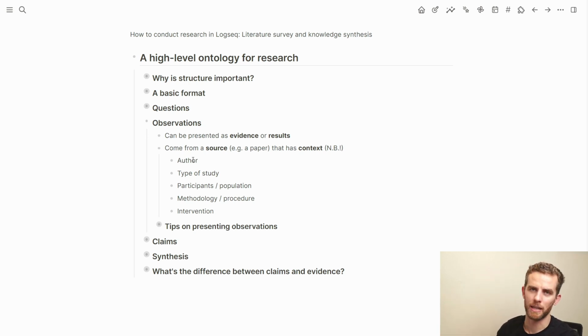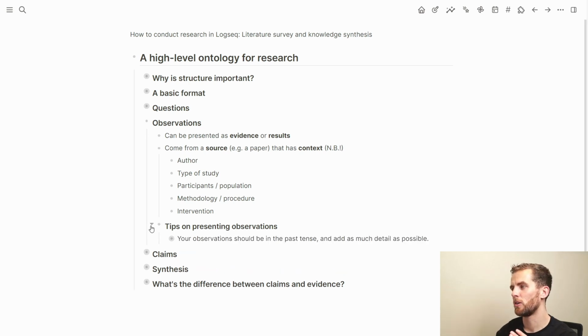Is it a randomized controlled trial? Is it a meta-study? Who are the participants? What is the population? Age, gender, all these things have a role. What is the methodology that they used, or what were the different measures? And then what was the intervention that was trialed? So all of those little points below provide a very important context to the evidence.